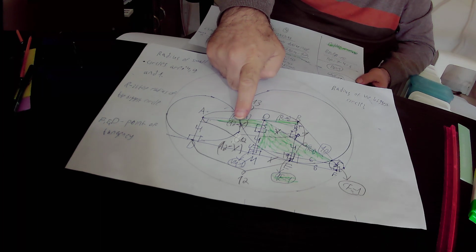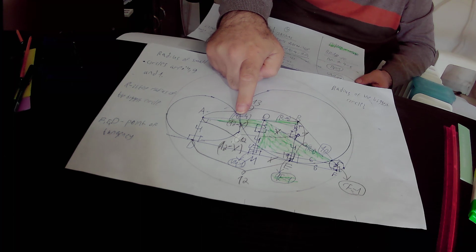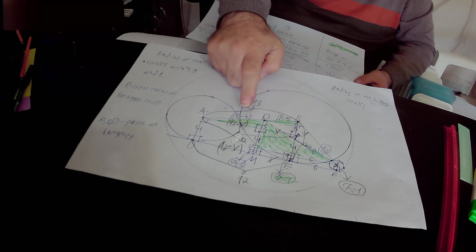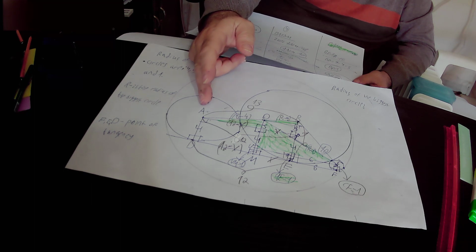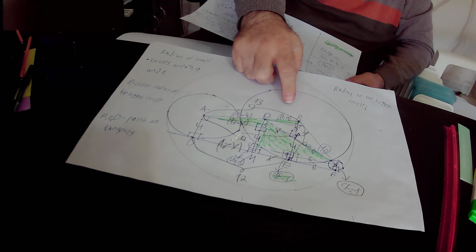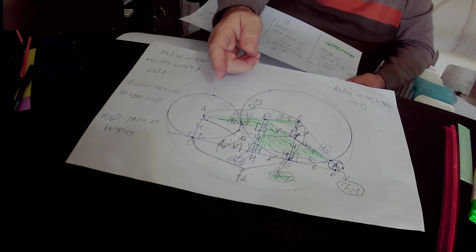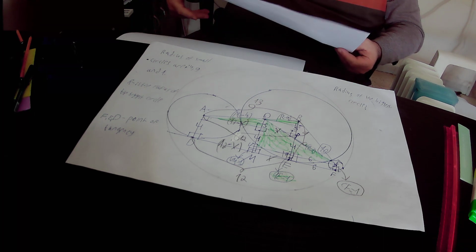This is the point of tangency between those two circles, and whenever you have two circles that touch externally, the distance between their centers will be equal to the sum of the lengths of the radii. The radius of this circle is 4 units, the radius of this circle is 9 units, and the sum of the radii is 4 plus 9, that is 13. So we found out that AB equals 13 units.